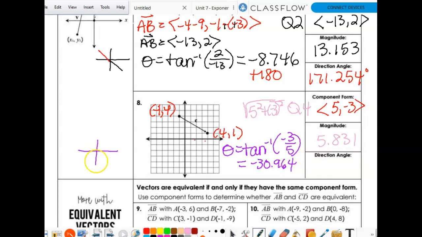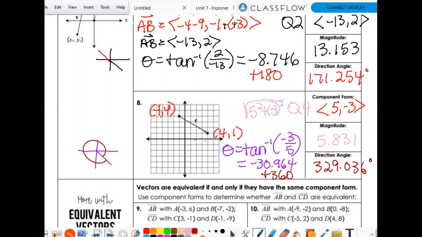Y'all, negative 30.964 puts me here. So it's a negative. Which quadrant do I want to be in? 4, but I don't want negative. I want positive. So what do I have to add? I'm coming all the way around, so 360. So if I do that, I end up with 329.036. Okay, any questions there, y'all? Component form, magnitude, and direction.